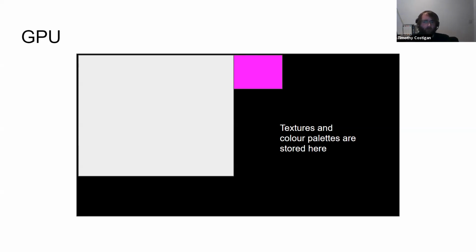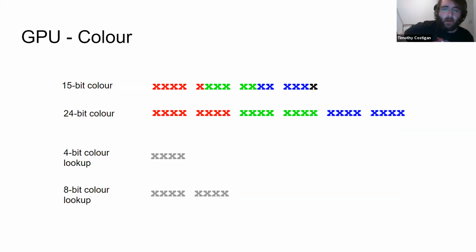The color space was 15 bits, which means that for 1 pixel you needed 2 bytes. So it would be 5 bits per color channel, and the final 16th bit would be used for a transparency flag.